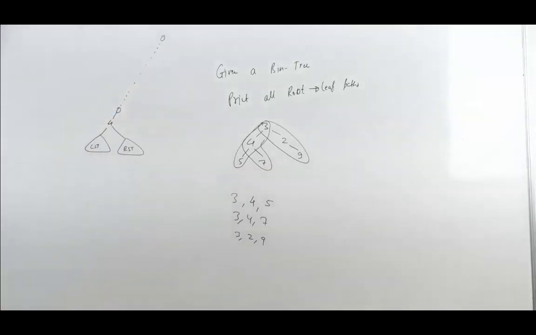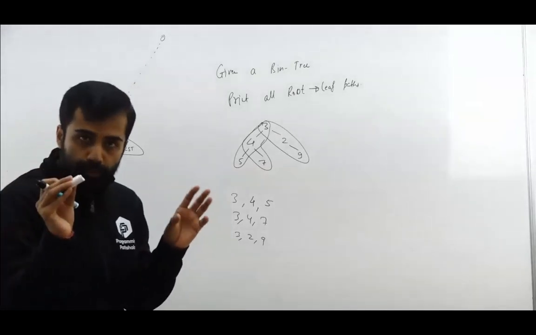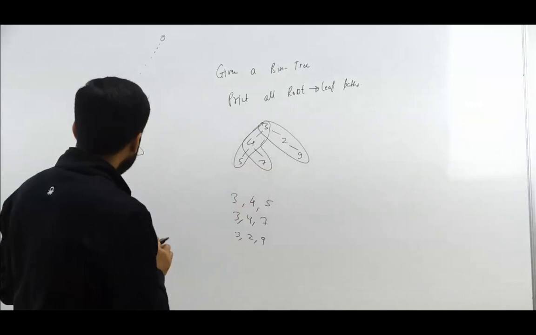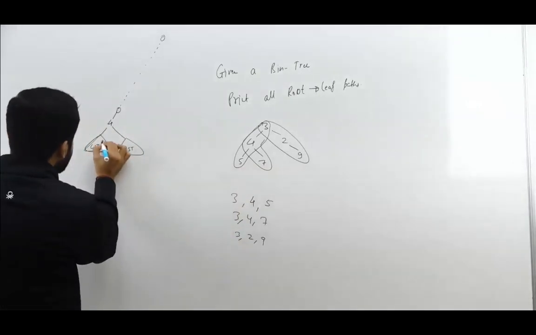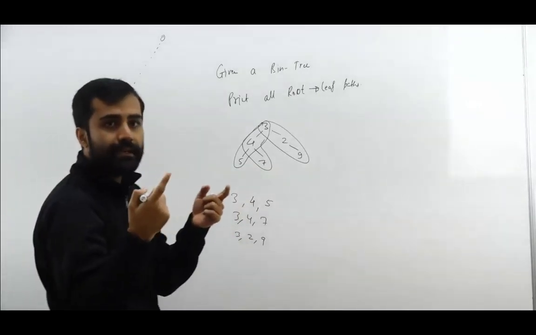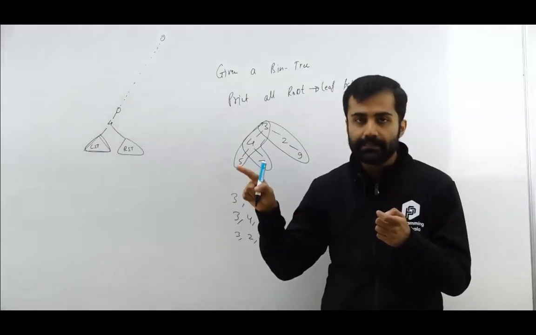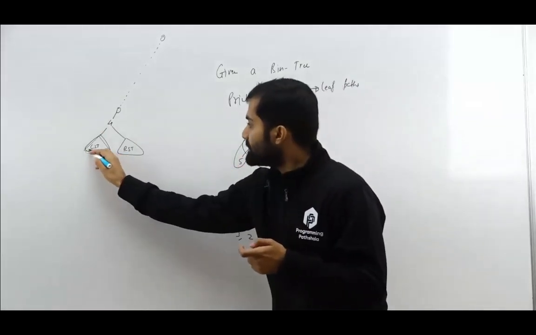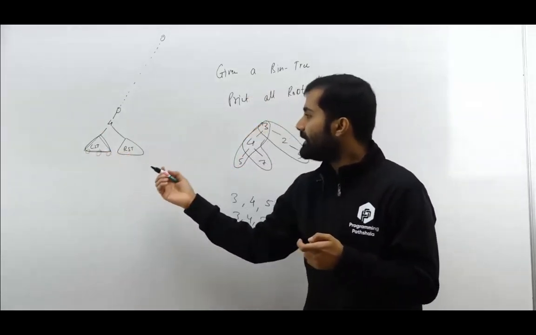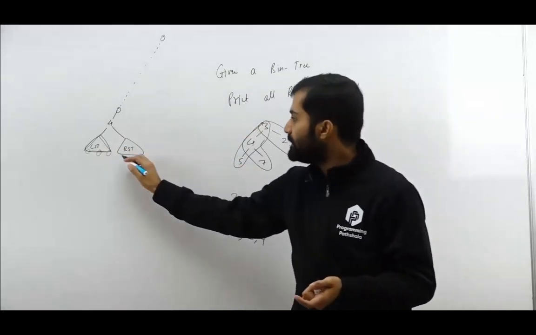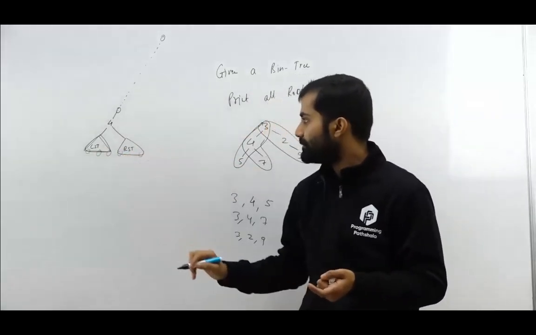Now, answer me one thing. There will be some root to leaf paths which are present in this left subtree. When I say present in left subtree, I mean to say that there will be some root to leaf paths whose leaves are present in this left subtree. And there will be some root to leaf paths whose leaves are present in this right subtree.